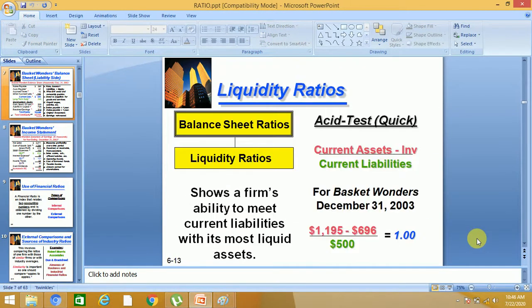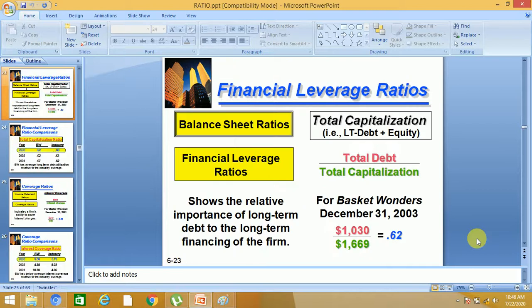Now see. Total debt, so current plus long term, both are included. And in total capitalization, long-term debt plus equity is coming. So it becomes 1030 and 1669. So it becomes 0.62.